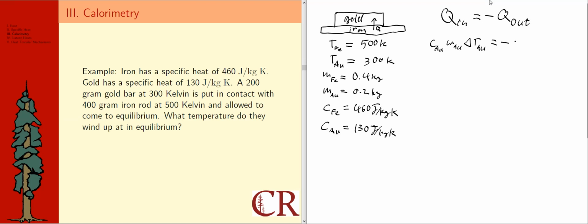So this is all going to be iron quantities: specific heat of iron, mass of iron, temperature change of iron.